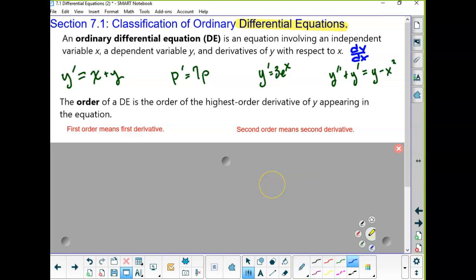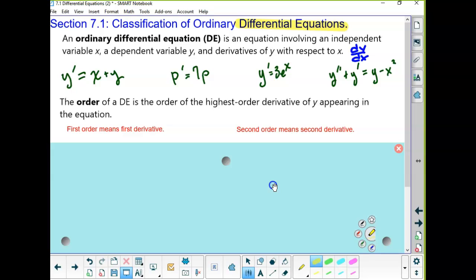Now the reason why I show you this is we have a different way to just talk about the order. And I think it's pretty quick, so you don't have to write this. But we have something that is called first order derivatives. All that means is it has the first derivative as the highest derivative in the equation. So if I look at these first three equations, they all have the first derivative involved in them.